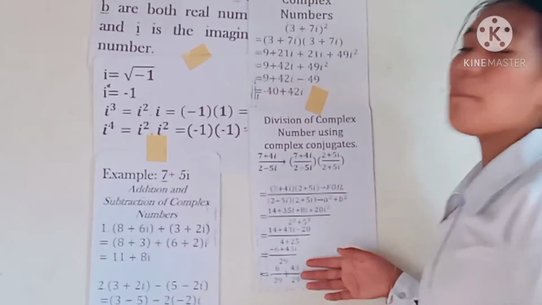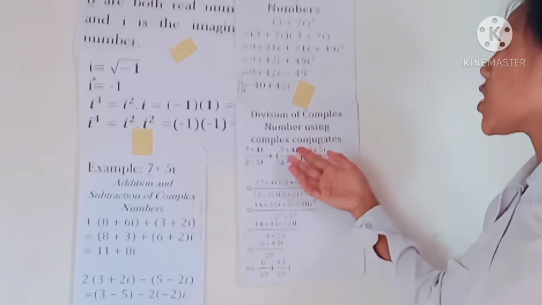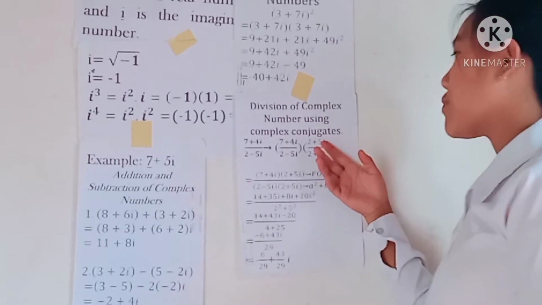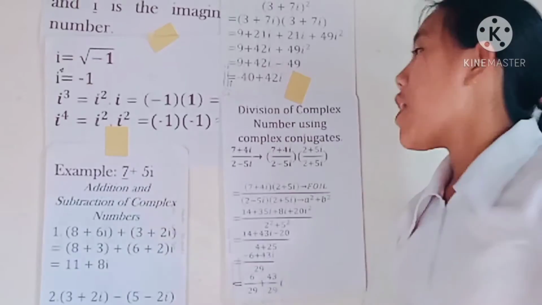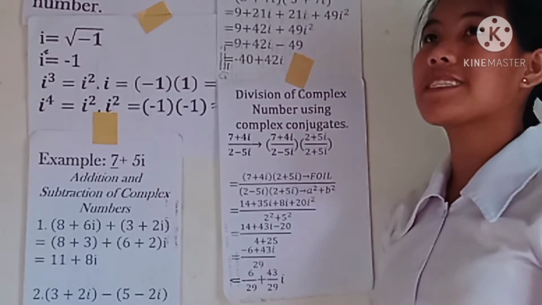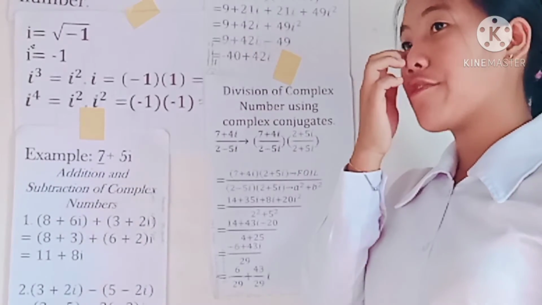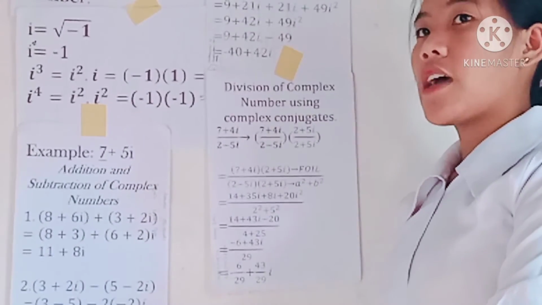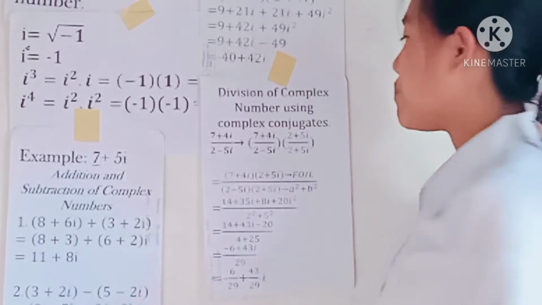Our last example is the division of complex numbers using complex conjugates. When we say conjugate, this is the opposite sign of the given number. For example, if we have the negative sign, the opposite of negative is positive. That is a conjugate.